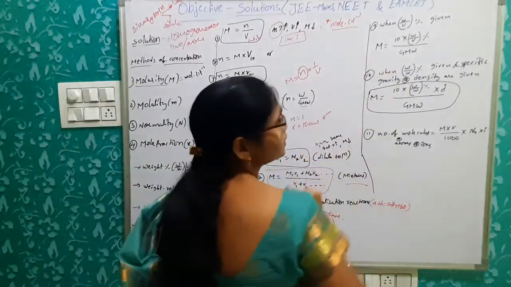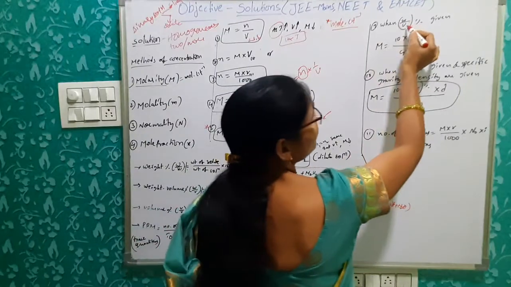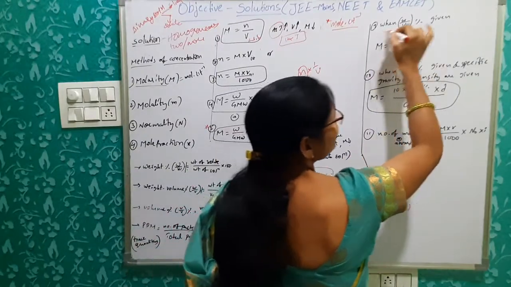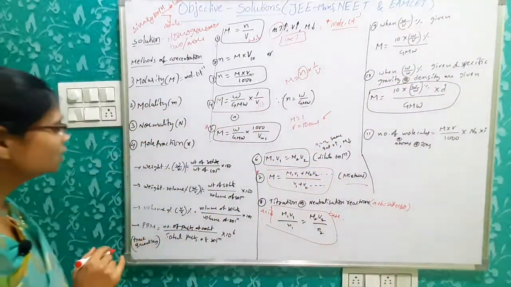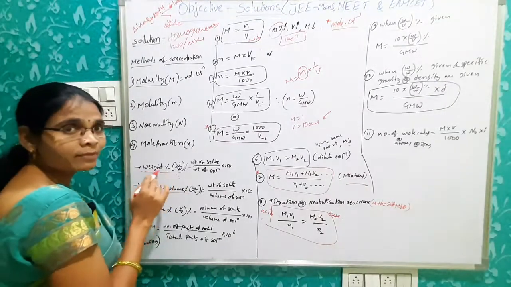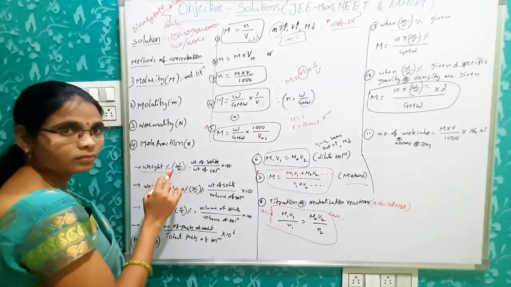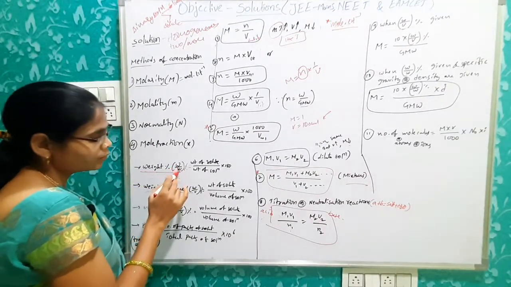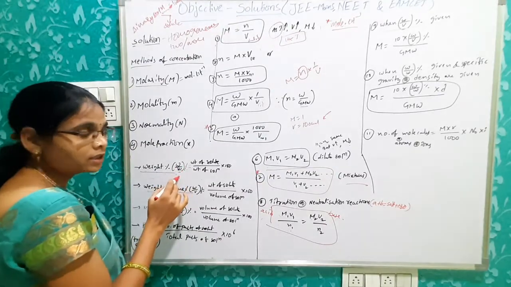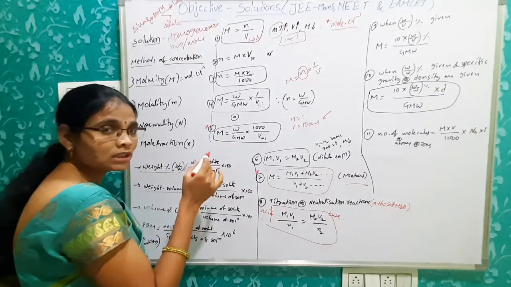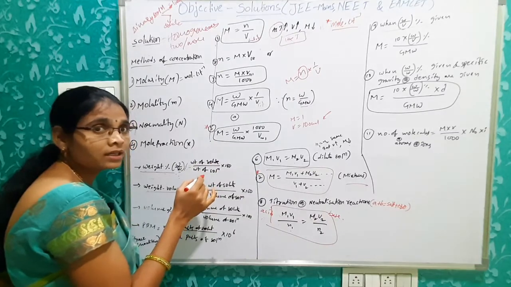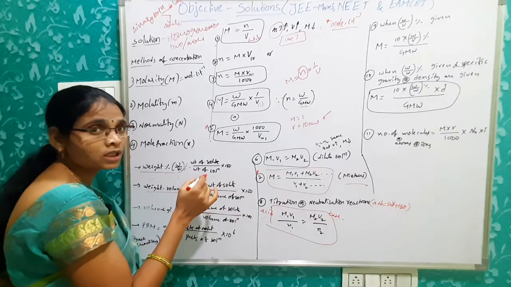Next, when weight or volume percentage is given: weight percentage or mass percentage, weight by weight (W by W percentage), means the weight of solute in grams present in 100 grams of solution.